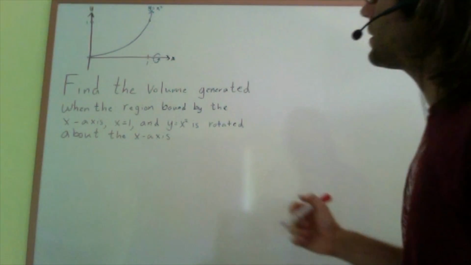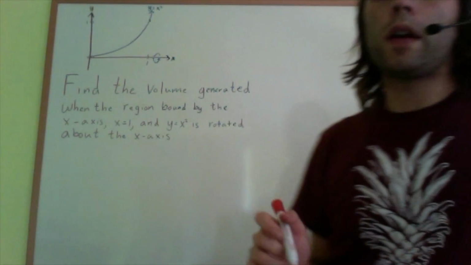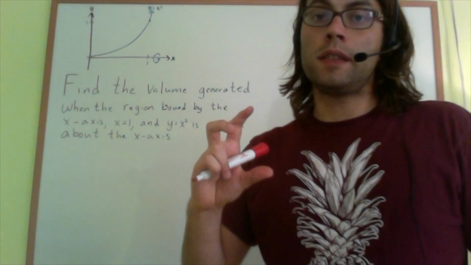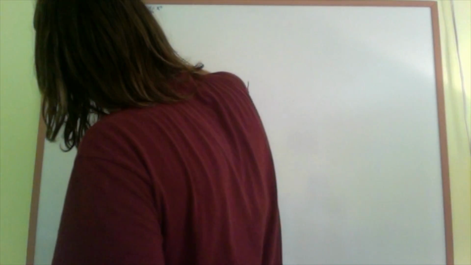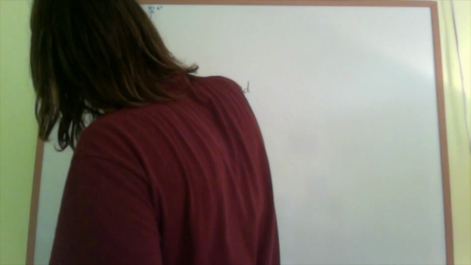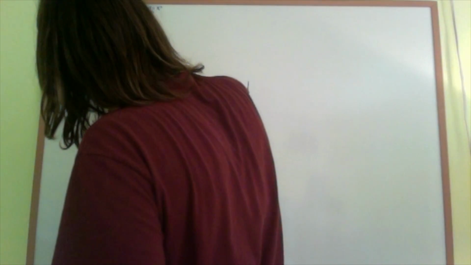So I like to start by drawing what one disk looks like in this situation. So let's suppose we have a disk like so. It's not perfect, but that's fine.